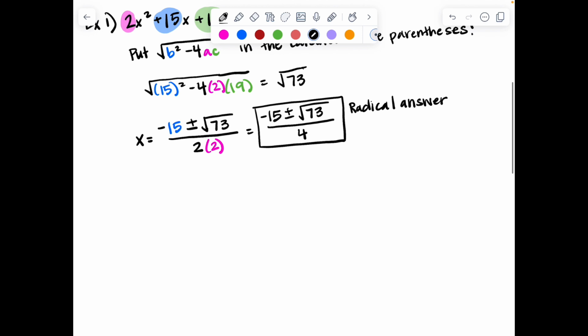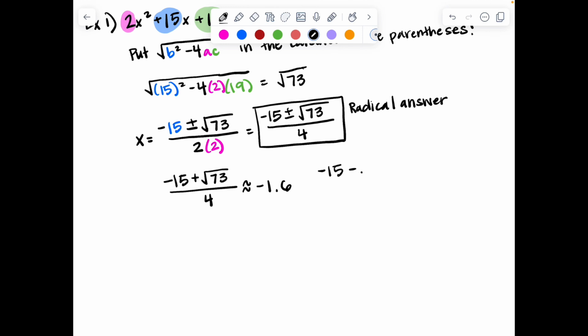Now, if you put that in your calculator using just plus, it's going to give you that same exact thing, but you can convert that to a decimal. And let's round to the nearest tenth. And then we'll do it again.